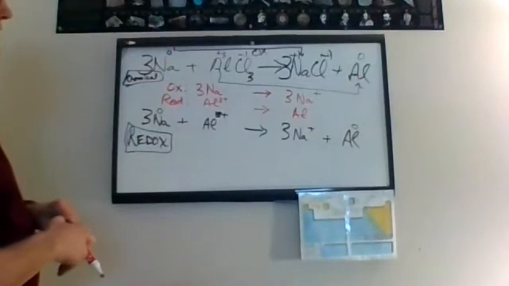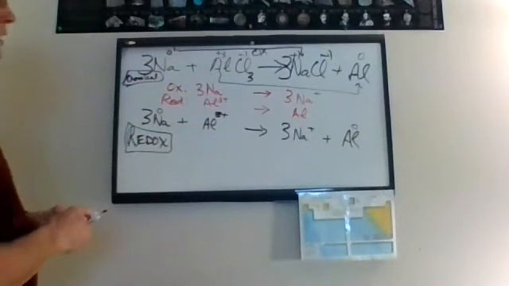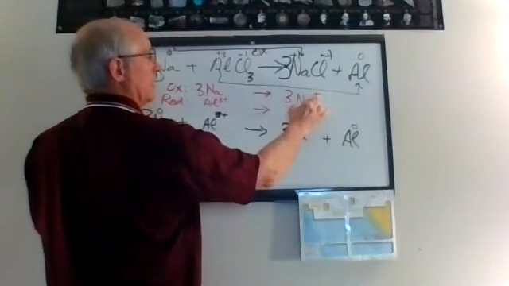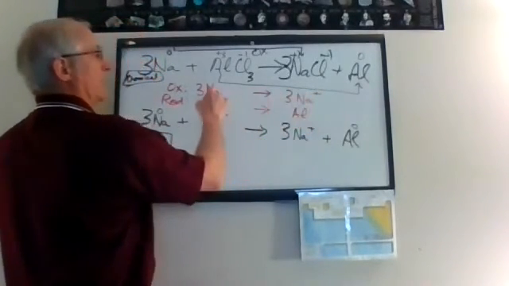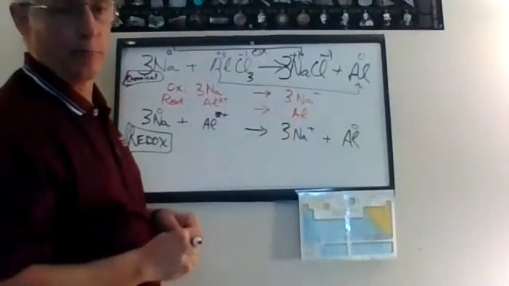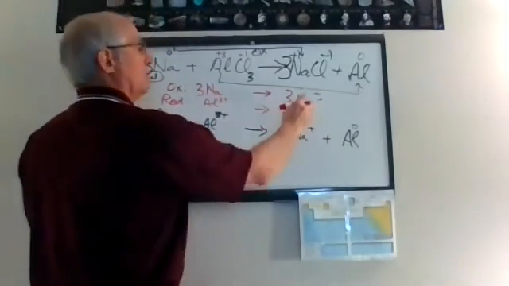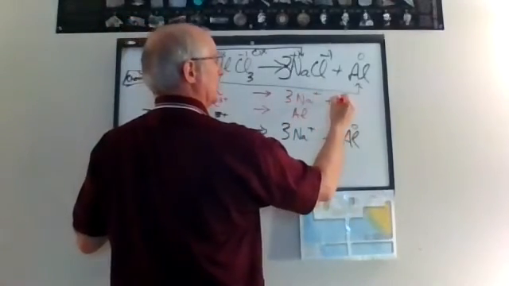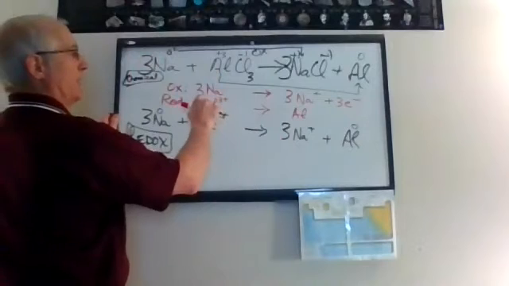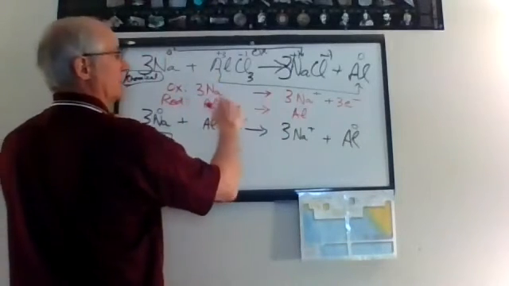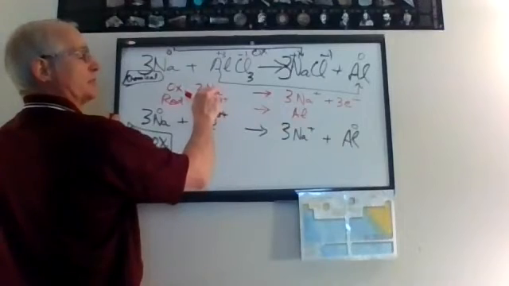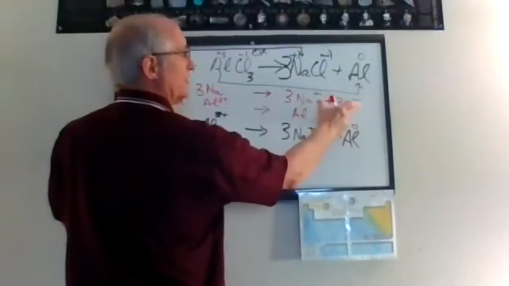And then they go back and they say, over here we have positive 3, and over here we have 0. So you add electrons to the more positive side. So you're going to add 3 electrons. Now it's not only balanced by atoms or mass, 3 atoms of sodium, 3 atoms of sodium, but it's also balanced by charge, because the charge over here is 0 and the charge over there is 0.